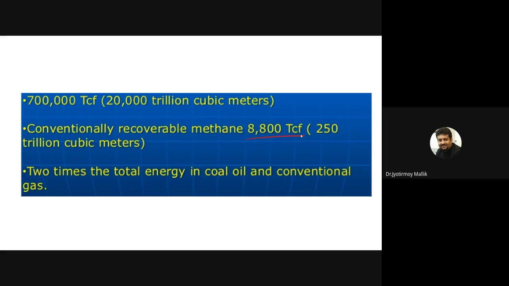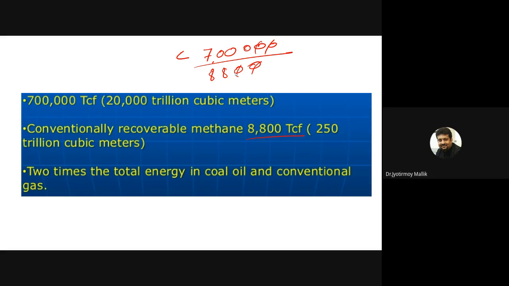But for clathrates only, you can now see the scale, 700,000. This is for clathrates, and for conventional methane, conventional gas, 8,800. Okay, you can do the math. 700,000 by 8,800, how much is it? You can do the math.